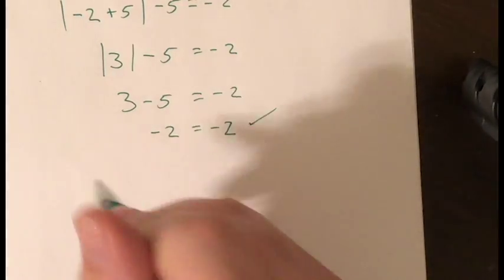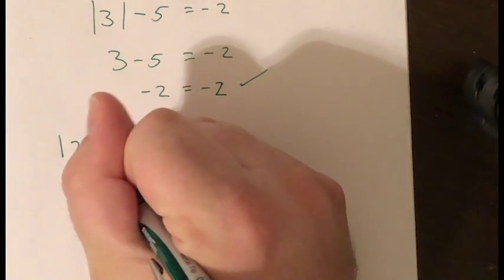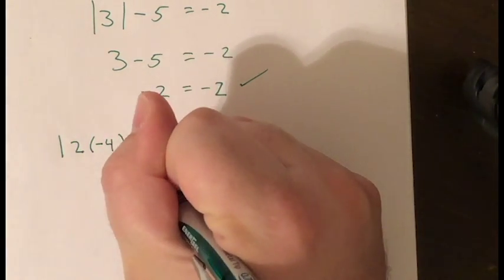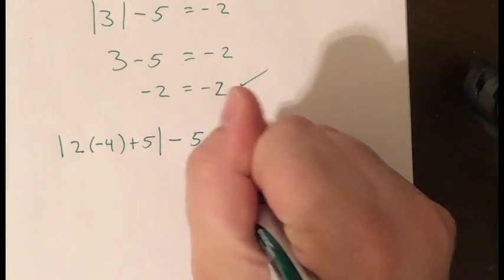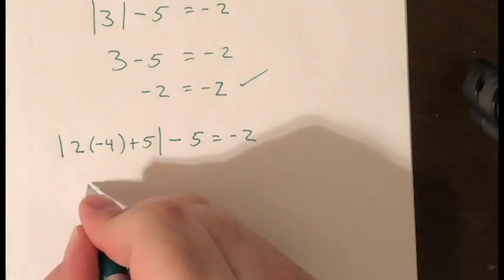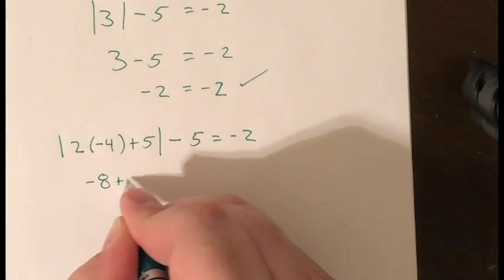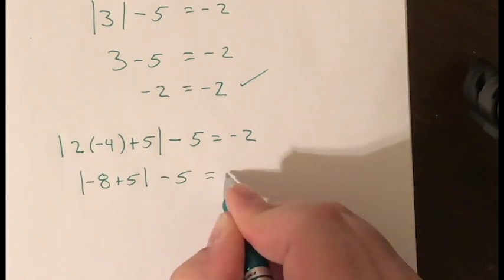So the absolute value of 2 times -4 plus 5, all minus 5 is equal to -2. So 2 times -4 gives me -8 plus 5, and that's the absolute value. We're going to subtract 5.